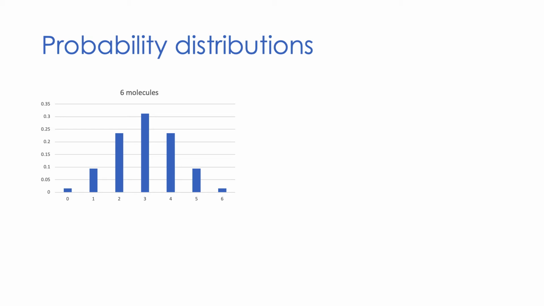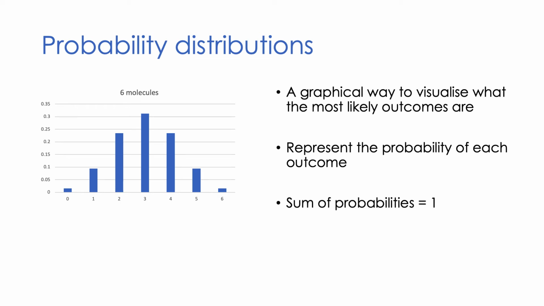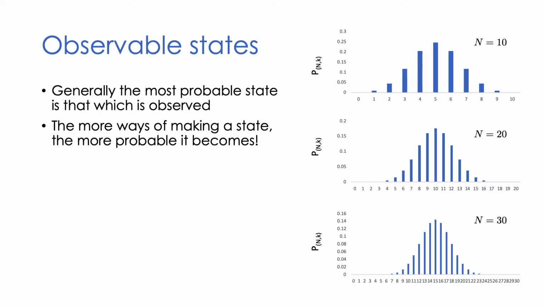Well, probability distributions are indeed a graphical way to visualize what the most likely outcomes are by representing the probability of each outcome. And it's important to remember that the sum of probabilities is always 1. So having these probability distributions helps us to describe our system. And as we get more complicated, we can see how it's pretty useful to use.